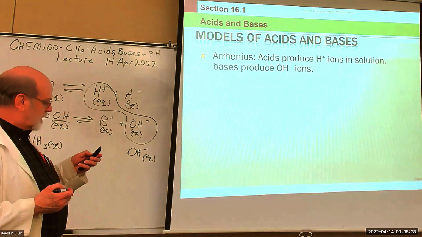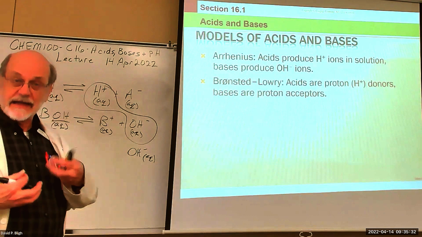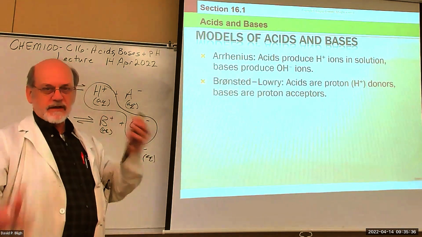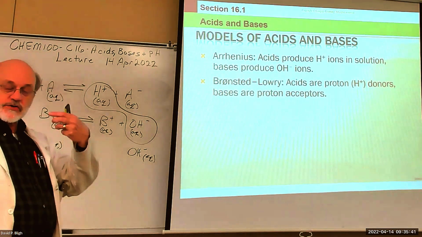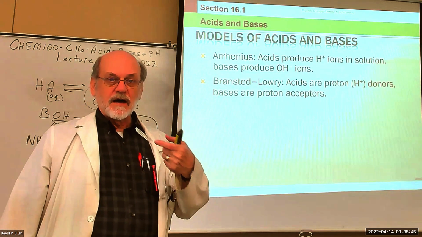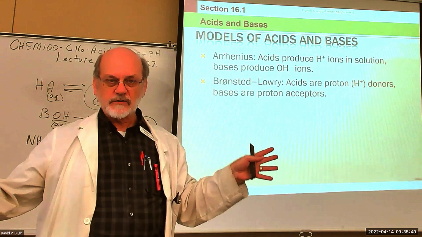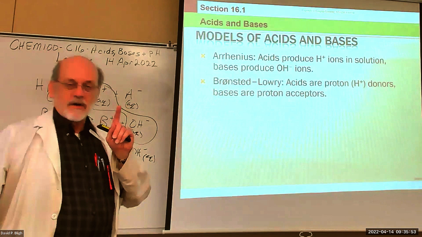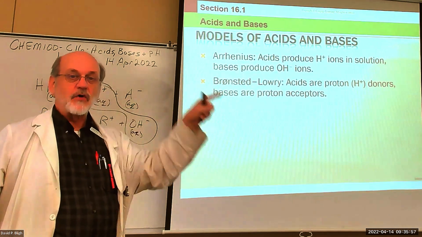So that's where two other scientists come in, Bronsted and Lowry. Independently, they proposed this definition, so they both get credit for it. They approached the concept of acids and bases excluding hydroxyls altogether. They don't care about hydroxyls. All they care about is the hydrogen ions. So for them, an acid is a hydrogen ion donor.